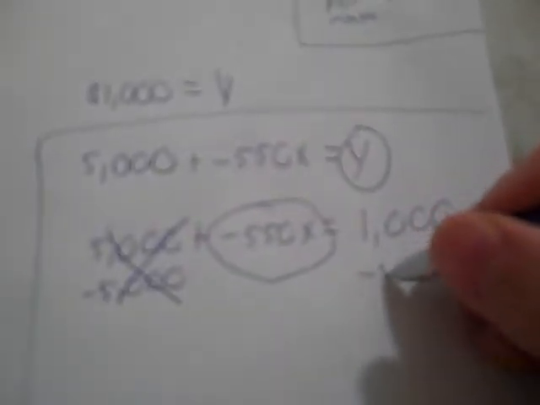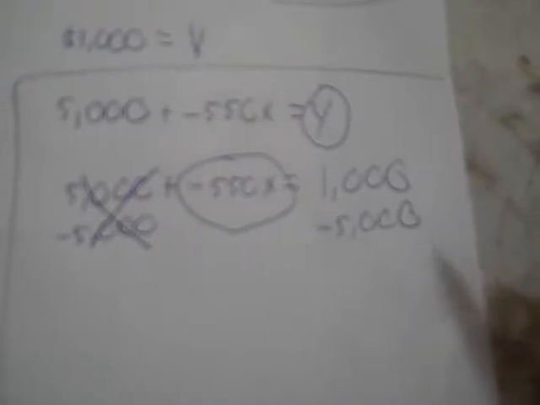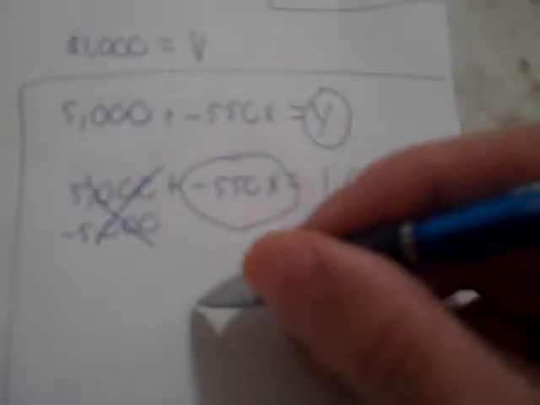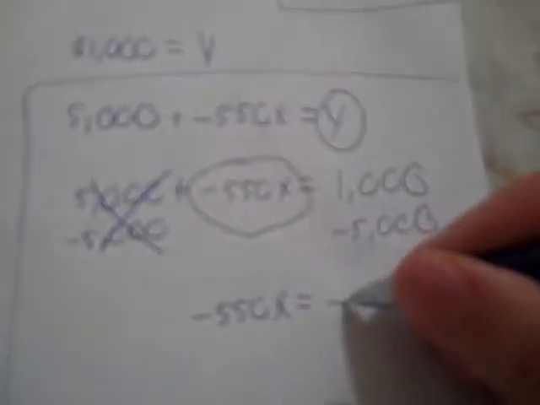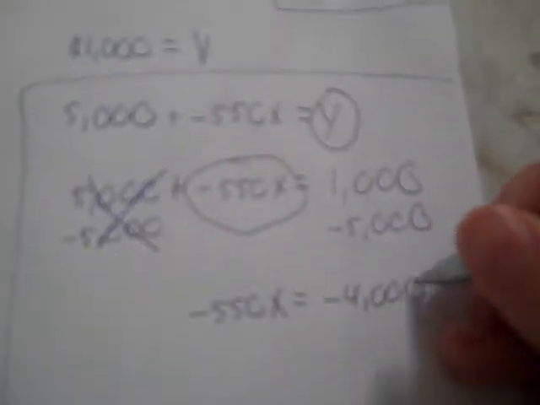All right, so here's my x. That's the only one I have with negative 550 as a coefficient. So we have 5,000 to undo by subtracting. Okay, and 1,000 minus 5,000 is negative 4,000. So negative 550x equals negative 4,000.